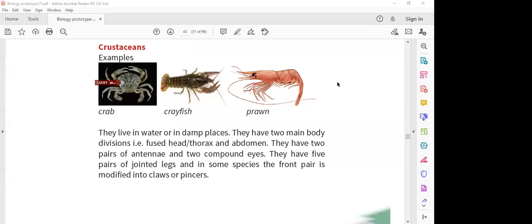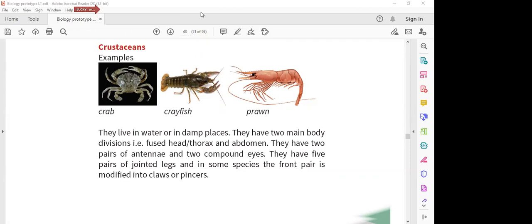Now, this group of the crustaceans, one thing we need to know about them is having 2 main body divisions, where the head and the thorax are fused. Now, what term is given to a fused head and thorax? I want to hear from someone.